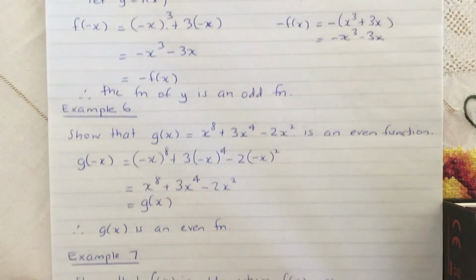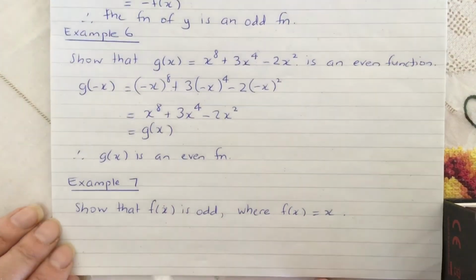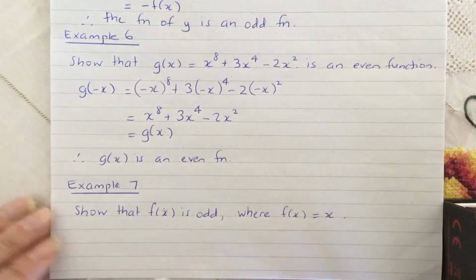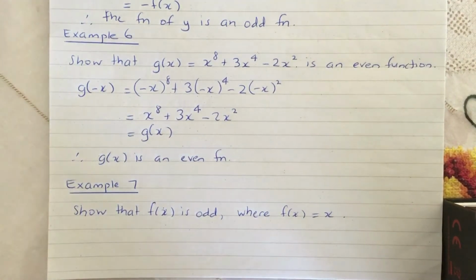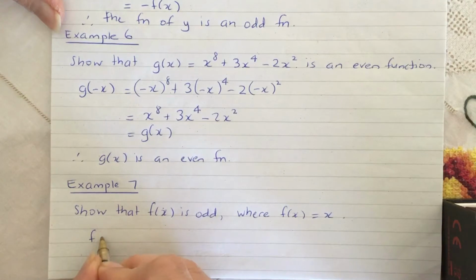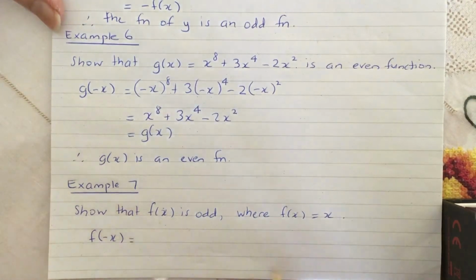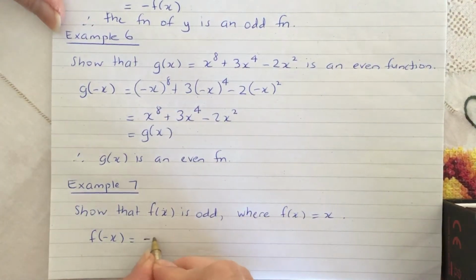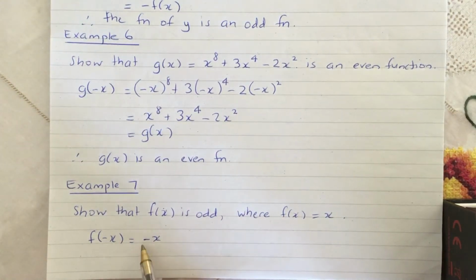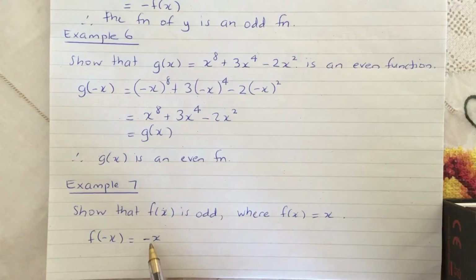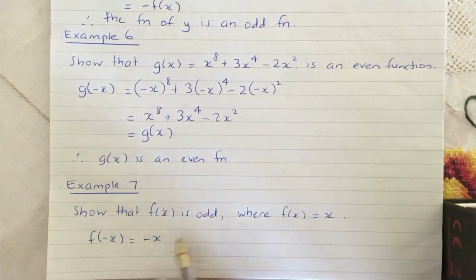Right, let's go to a simpler looking question where it says show that f of x is odd where f of x is equal to x. All right, again, f of minus x, put the minus x into there. You don't have to put brackets around because there's no powers, okay? F of minus x equals minus x, okay? So is that equal to f of x?